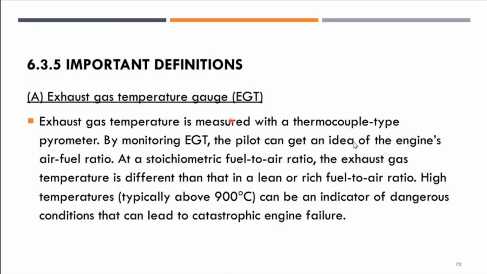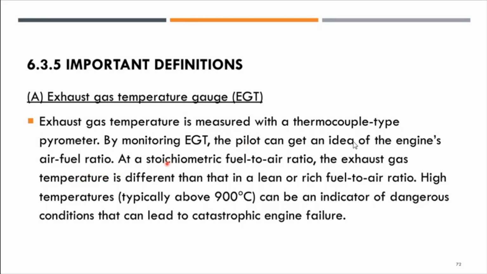Okay, for important definitions, there are a few important definitions with regards to the turbojet engine. The first one is exhaust gas temperature, EGT, where exhaust gas temperature is measured with a thermocouple type pyrometer. By monitoring the EGT, normally the pilot can get an idea of the engine's air-fuel ratio, right?